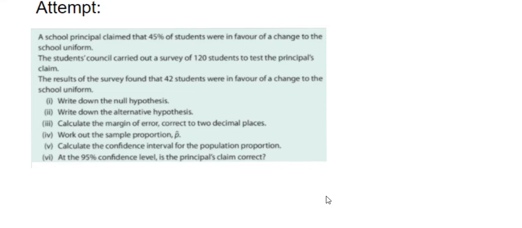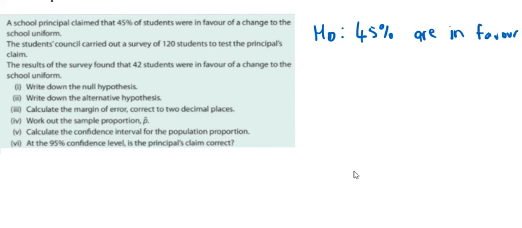Right, so if we start off, a school principal is claiming that 45% of students were in favour of a change to school uniform. So our null hypothesis, or H0, would be that 45% are in favour of change to uniform.